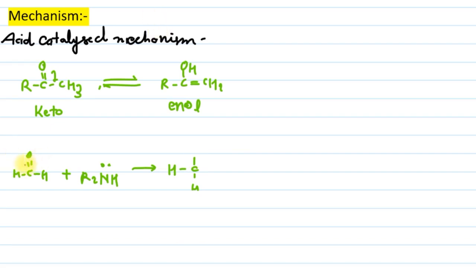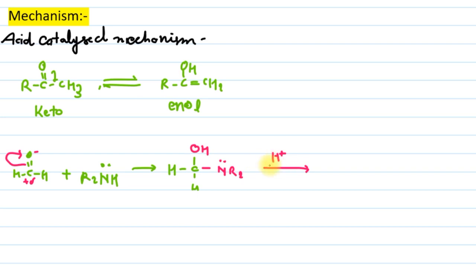The carbonyl group changes to O negative, and this is a carbocation. So here OH and NR2, and this product is dehydrated in acidic medium.